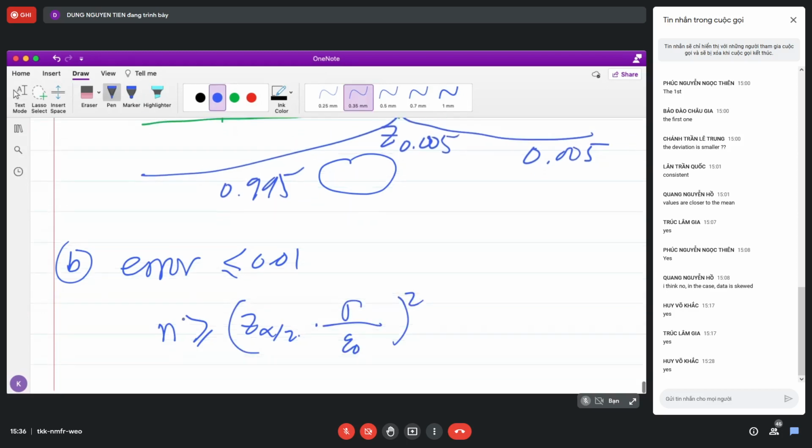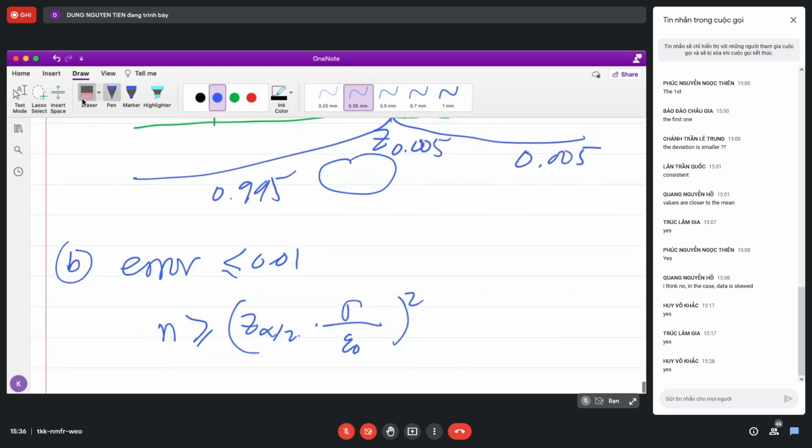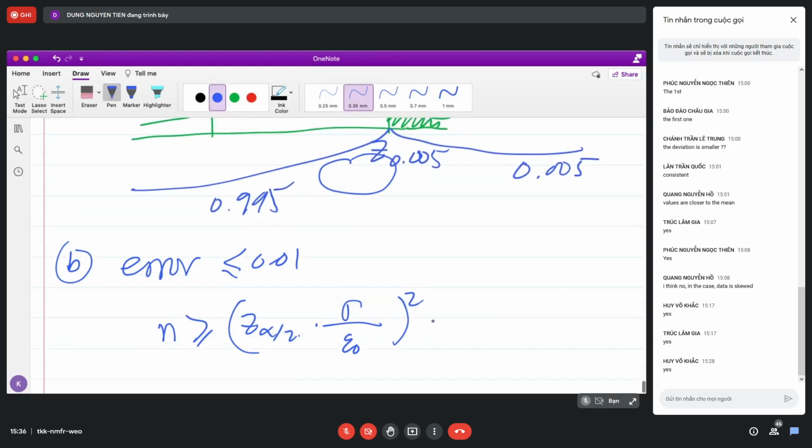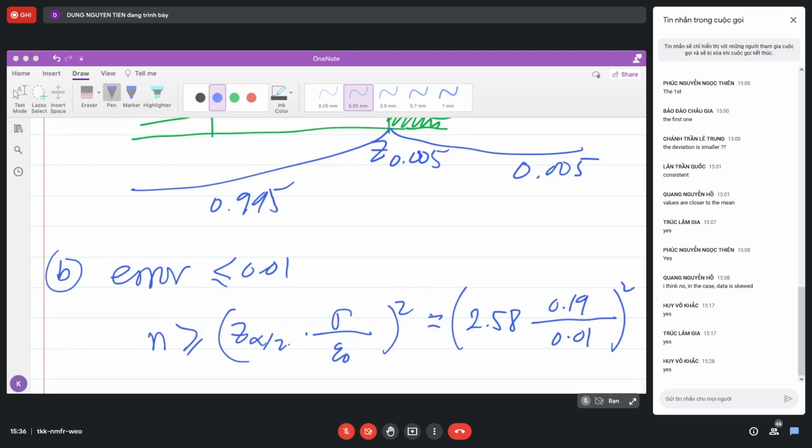So I can calculate that. n is greater than 2.58 times sigma, which is 0.19, over the error 0.01, all squared. Then after that, you can see that n has to be greater than 2403.